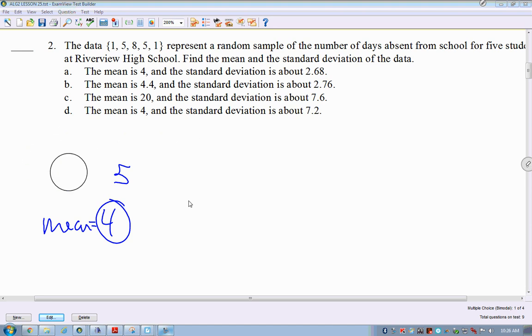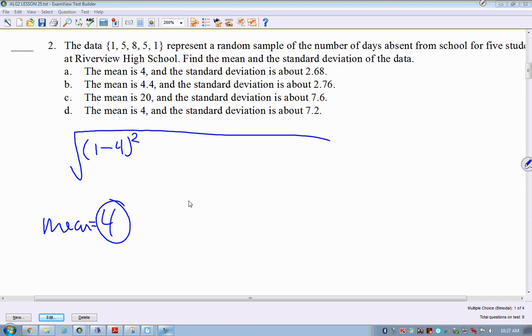Now we want the standard deviation. Standard deviation is the square root of each number: 1 minus my mean, 4, squared. That's the first one.